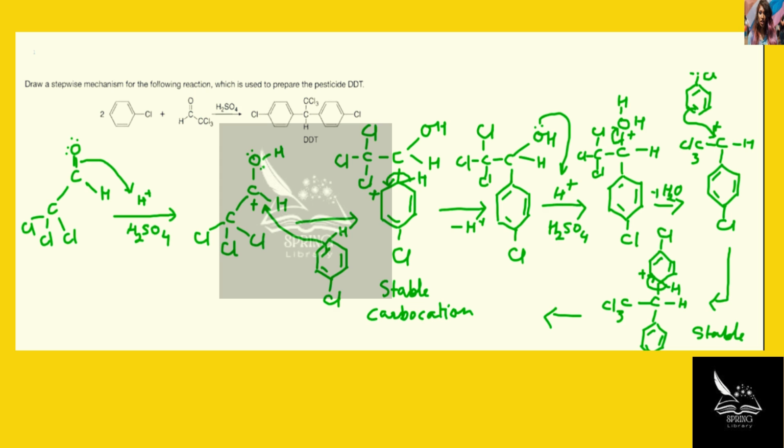So we have less space here. Let us try to make the structure: one carbon with hydrogen and one chlorobenzene part here at this stage, and the second chlorobenzene should be here.